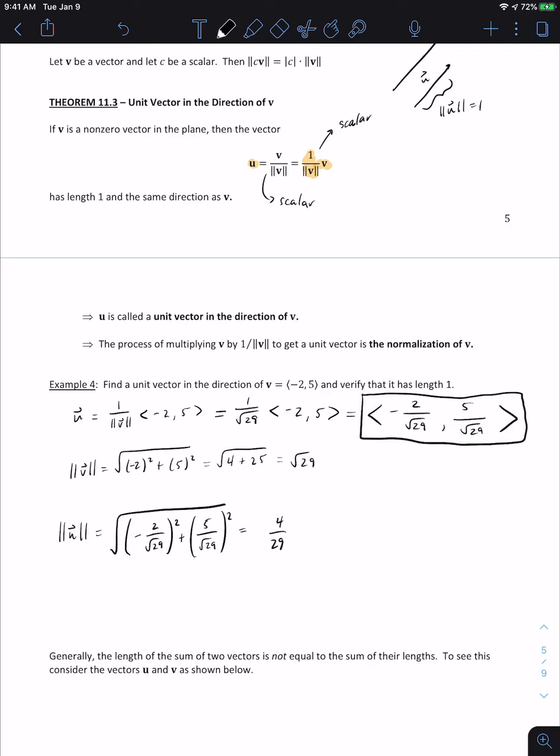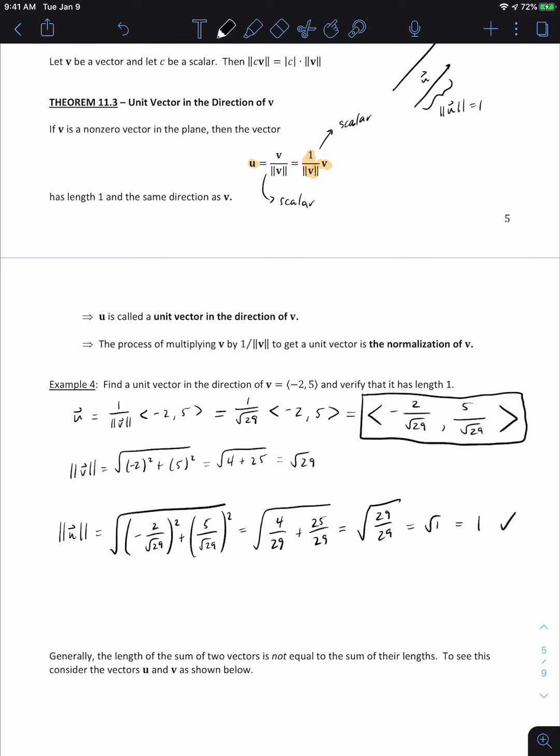When I square 2, I get 4. When I square radical 29, I get 29. Plus 25 over 29. And if I add those up, notice they have the same common denominator. So it's the square root of 29 over 29, which is the square root of 1, which is just 1. So indeed, this vector u that we found does have a length of 1, like we expected it to.